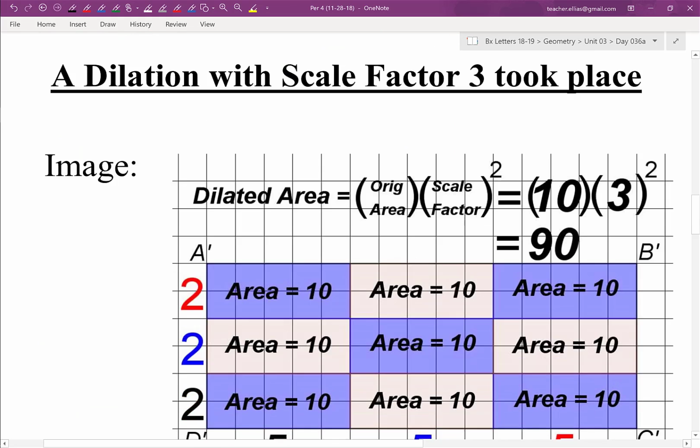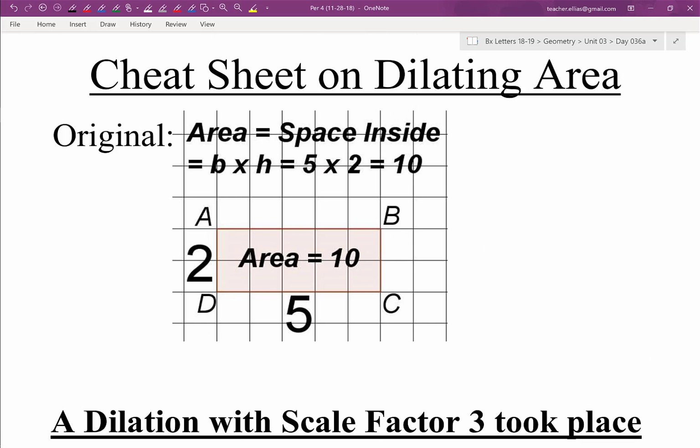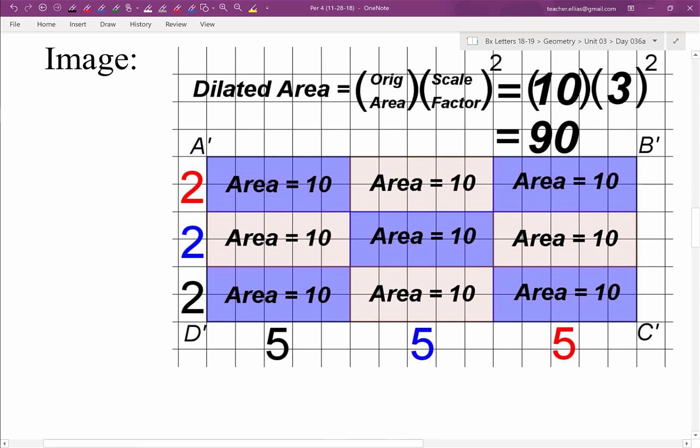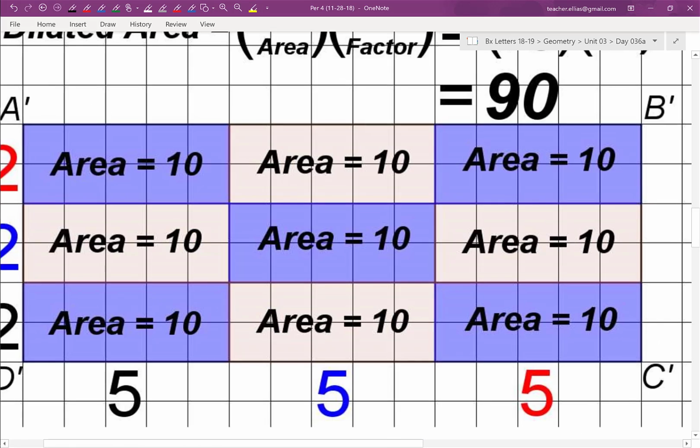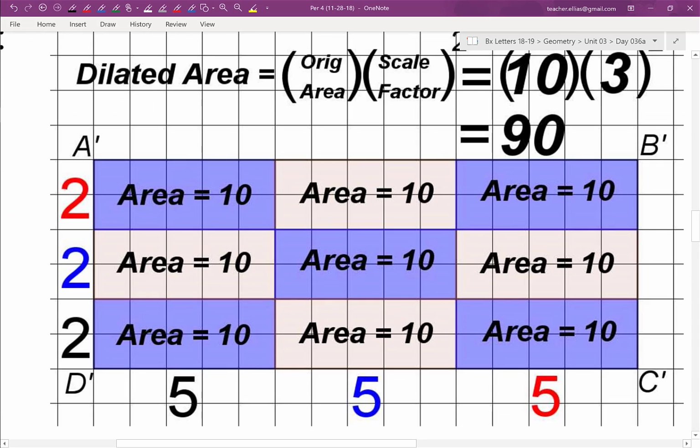Why you do that is because of this. Does everybody see this rectangle? Area is height times base. 2 times 5 is 10. I'm going to dilate it by a scale factor of 3. So if I dilate this by 3, what should this side become? And the base? So look at it visually.